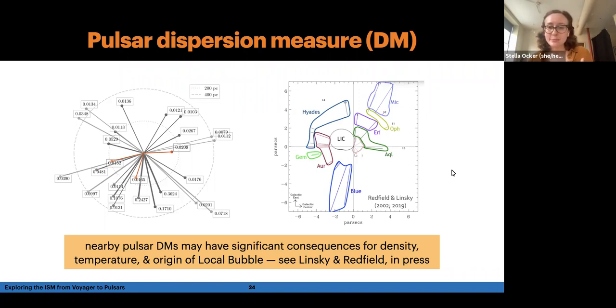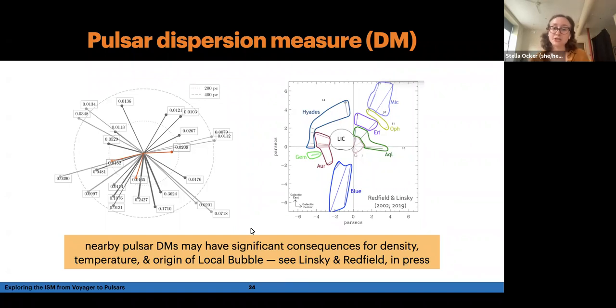But a recent study that's been led by Jeff Linsky and Seth Redfield has shown that when you use the mean density implied by nearby pulsar DMs, you find that the density of the local bubble is larger than previously thought, and that the temperature of the local bubble is lower than previously thought.